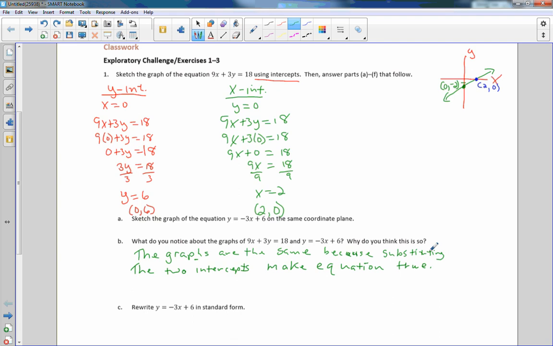Okay, those are just my words. The graphs are the same because substituting the two intercepts makes the equations true.